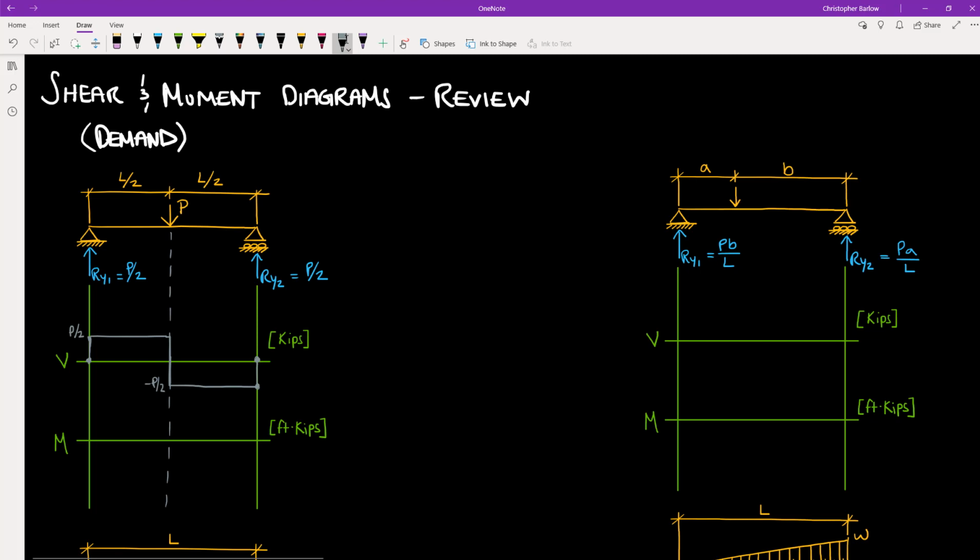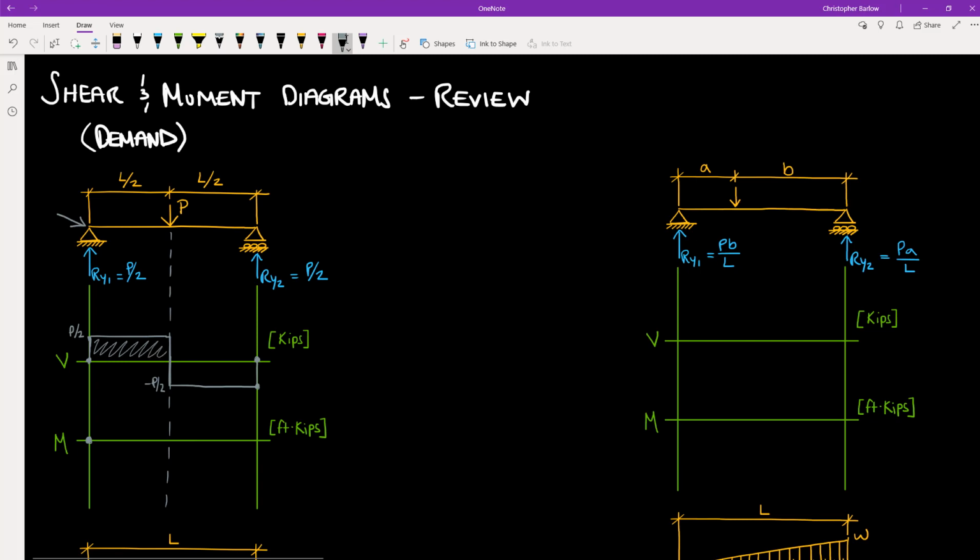Now, the moment diagram. This is where things get a little tricky. Since we start with a pin on the left here, and we have no externally applied moment, we know that moment will be 0 to start. Then, as we move to the right along the member, moment will be equal to the area underneath the shear diagram.